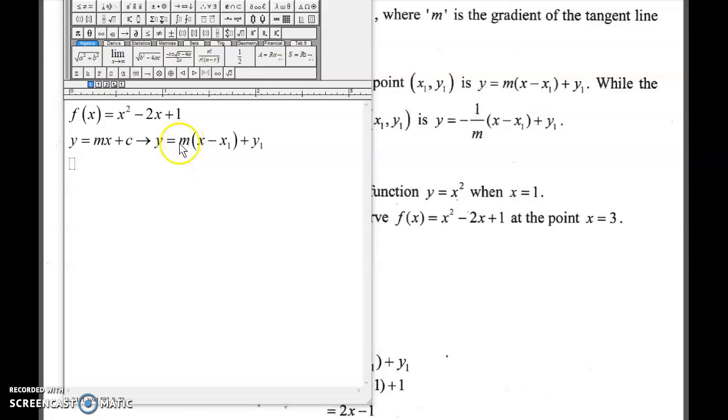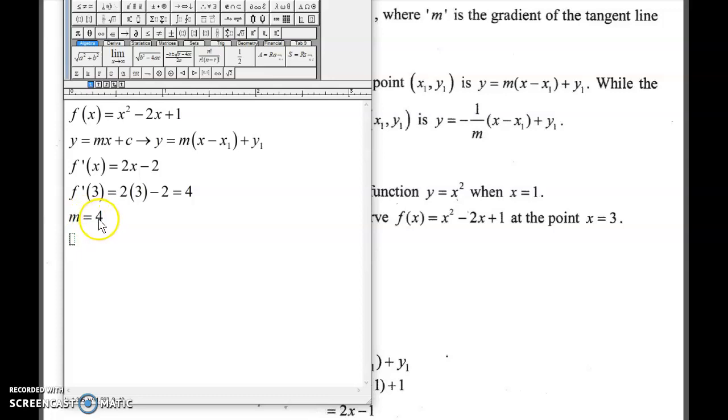And remember, to find the slope in differentiation is by looking at the derivative of this function. We differentiate the function and get 2x minus 2, and for the slope at x equals 3, we just substitute 3 for x and we get 4. 4 will become the value of m, or the slope.